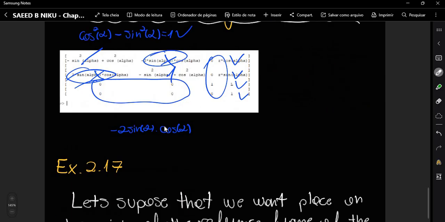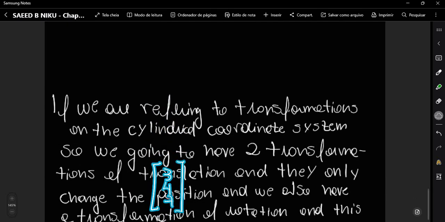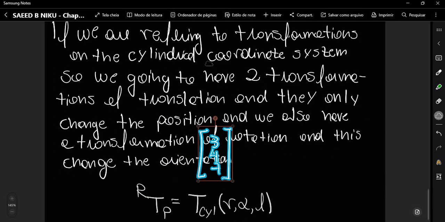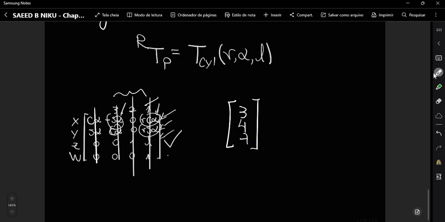Now let's see, because I'm using the book to guide me, we will confirm this. So that is X, Y, and Z. And remember that Z is L, as you can see right here.